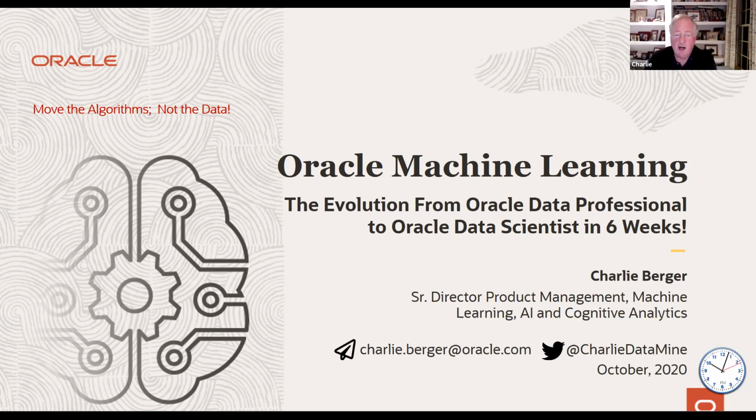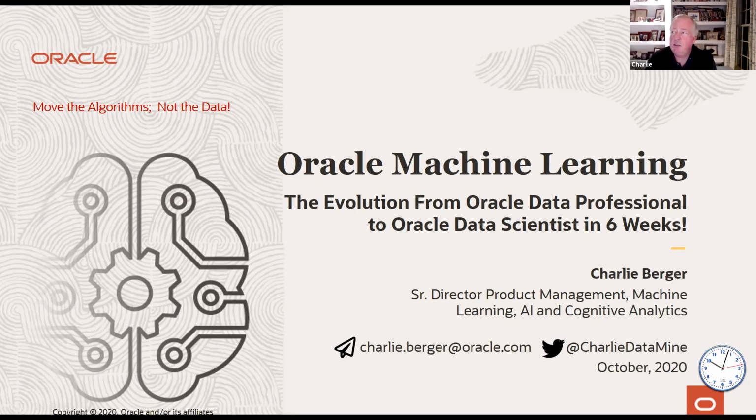Spatial and graph also did this, and Oracle Machine Learning, which you may have also heard of as Oracle Advanced Analytics, Oracle Data Mining, Oracle R Enterprise, all those names you might have heard over the years. We got our wits about us and cleaned up all the names. Now everything is called Oracle Machine Learning, and everything I'm going to talk about now is free. So I hope you can take advantage of this and have some fun.